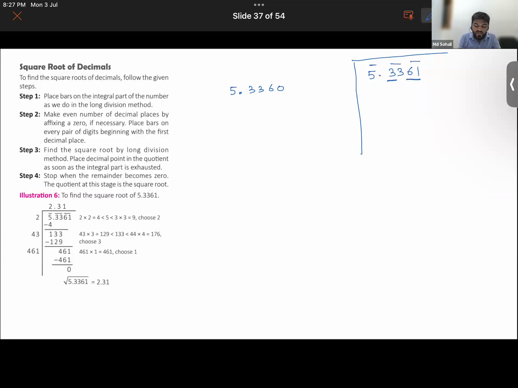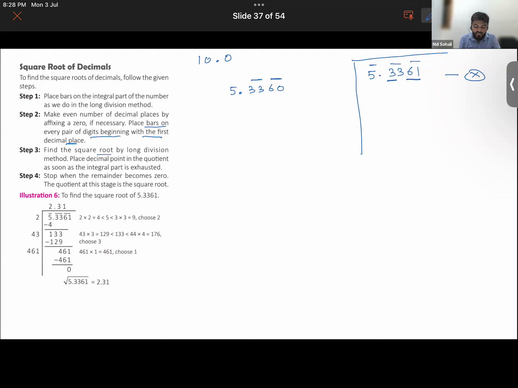For example, if I give you 10 rupees and I write 0 after the decimal, does it change the value? No. So you can make the number of places even by adding 0. Then you will place a bar on every pair of digits beginning with the first decimal place. If the number of digits after the decimal is odd, then you will add 0. For this number, no need to add 0.